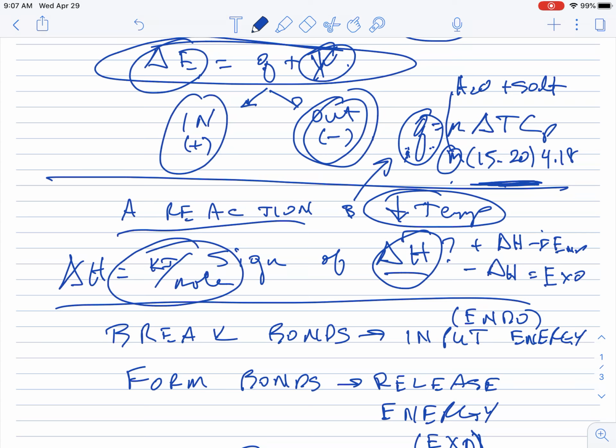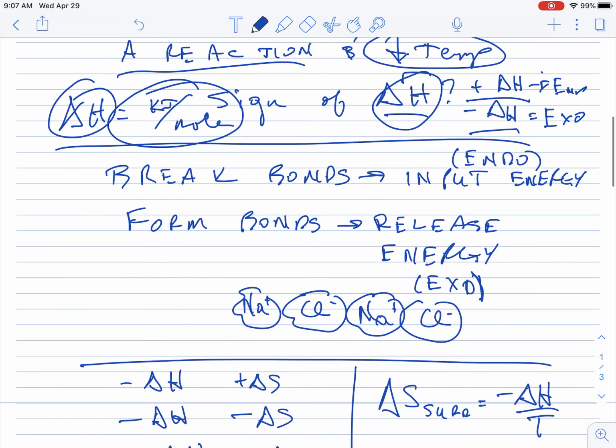So if you get a negative Q, meaning that the temperature dropped for the surroundings, then delta H for the system becomes a positive value because that energy lost is equal to that energy gained. So if the temperature goes down, then you get a positive delta H. If the temperature goes up, you get a negative delta H, indicating that it's exothermic.